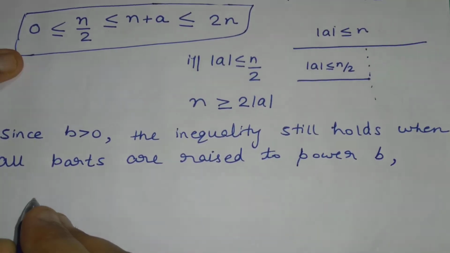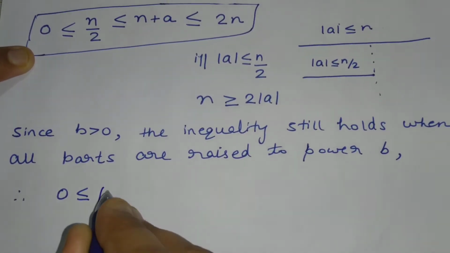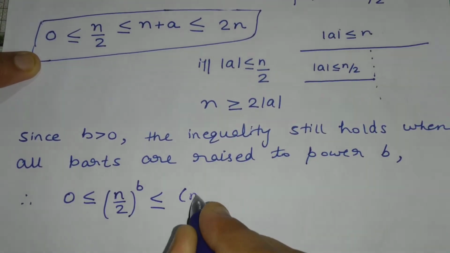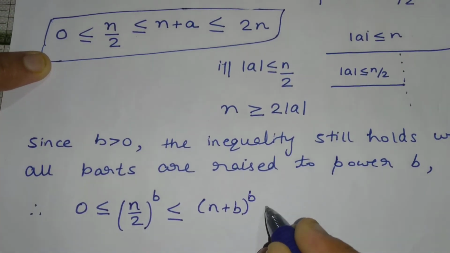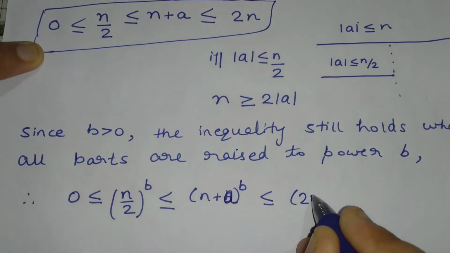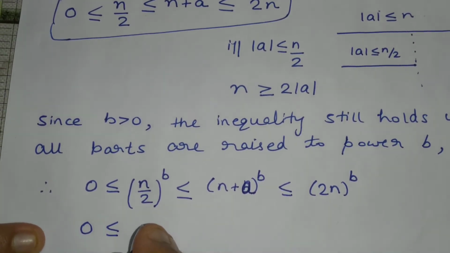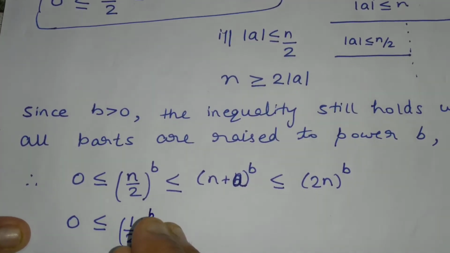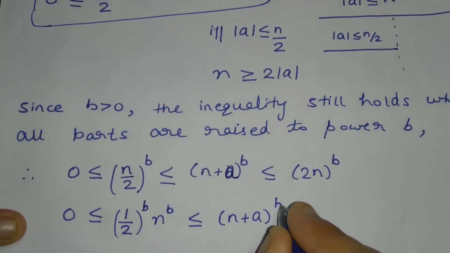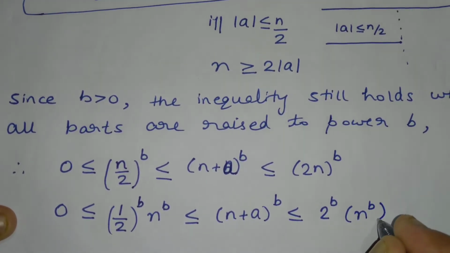So we can also write this inequality as 0 ≤ (n/2)^b ≤ (n + a)^b ≤ (2n)^b. Taking the constants out, it is (1/2^b)·n^b ≤ (n + a)^b ≤ 2^b·n^b.